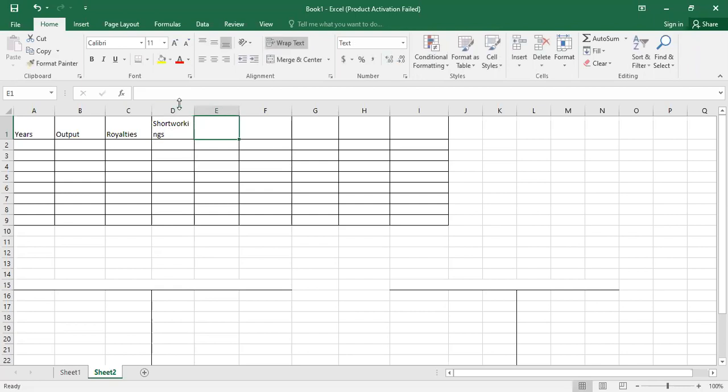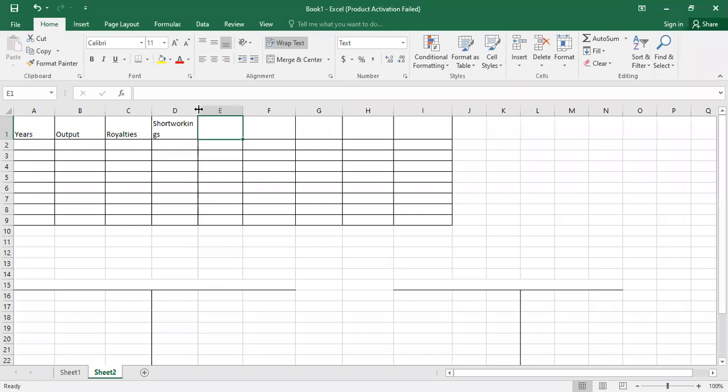Then from the short workings, the other is the surplus or the deficit. So let's look at the surplus.